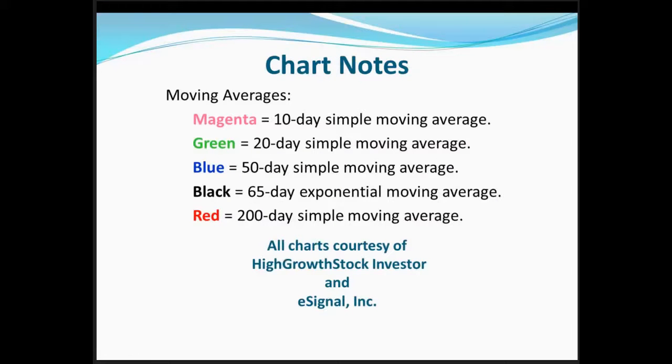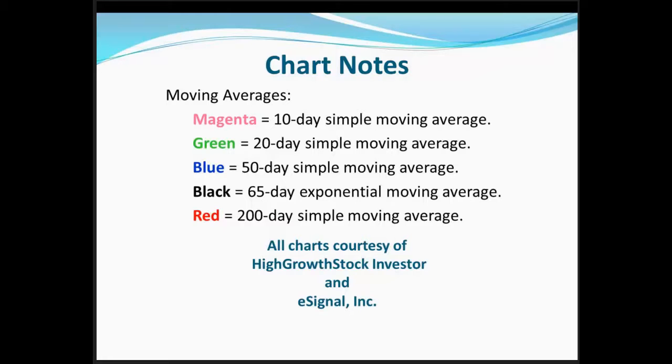Just want to let you know the moving averages that you see on the charts. There will be a magenta line, which is a 10-day simple moving average. On some of the charts, a green 20-day simple moving average. On all of the charts, you'll see a blue 50-day moving average. On some of them, you'll see a black 65-day exponential moving average and a red 200-day simple moving average. We generally just use the 10-day, the 50-day, and the 200-day.